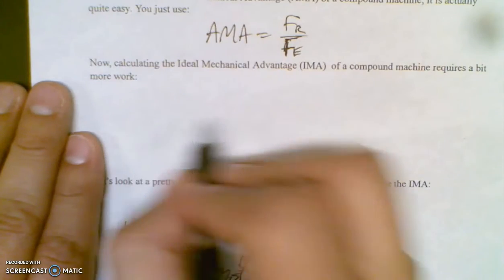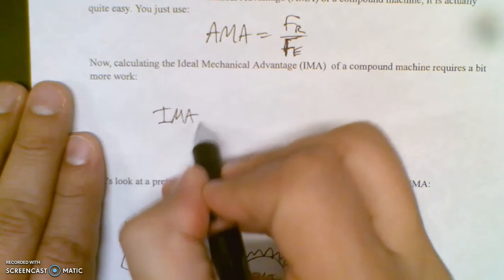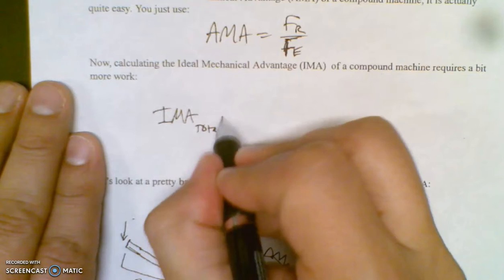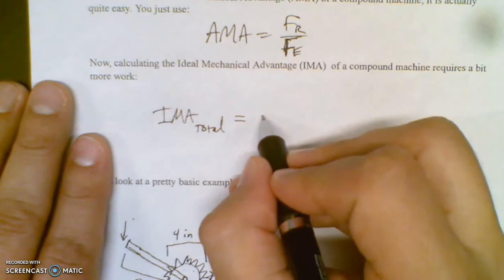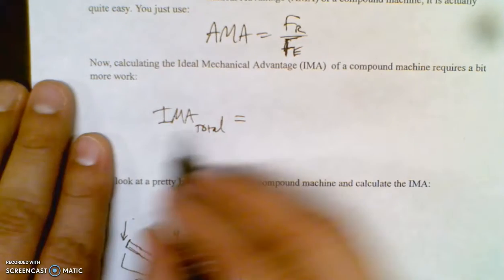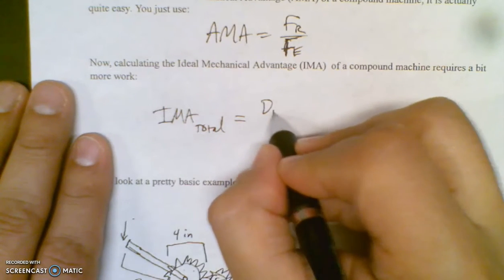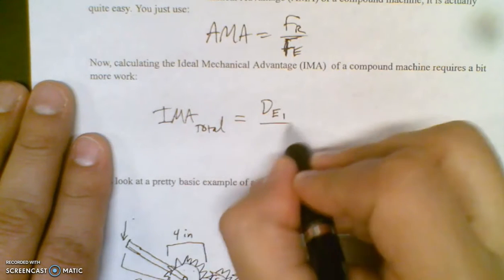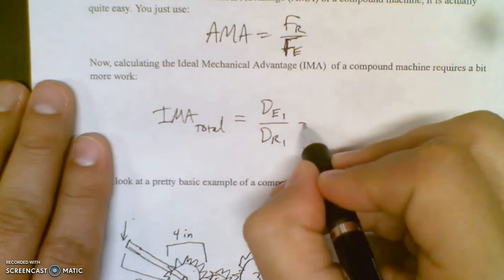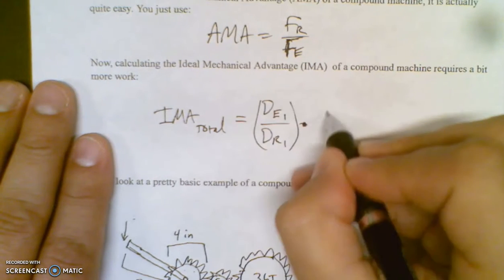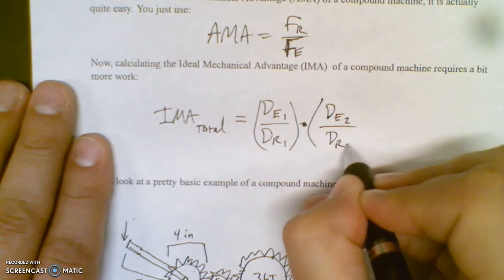So IMA for multiple machines, the IMA total: if you have more than one machine, you have to do your IMA of the first machine times your IMA of the second machine. Normally the formula was IMA equals DE over DR, but if you have multiple machines, you want your DE on machine 1 divided by your DR on machine 1, and then times your DE on machine 2 over DR on machine 2.